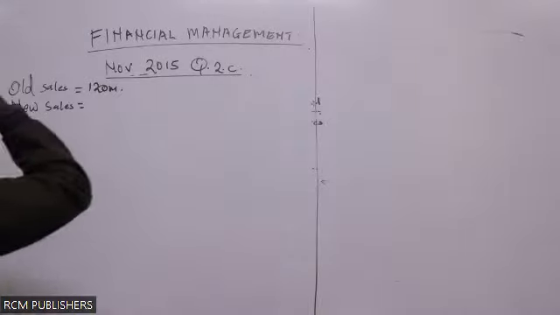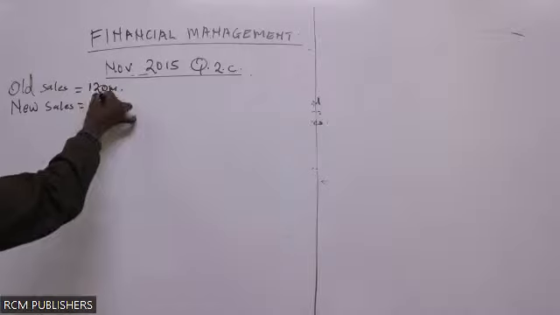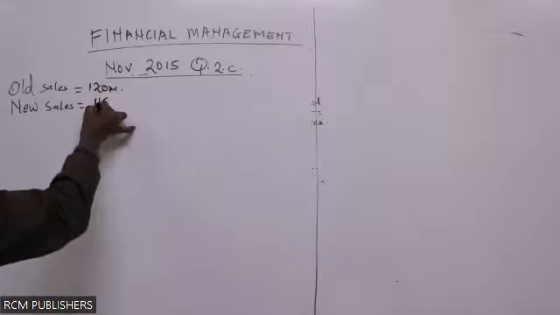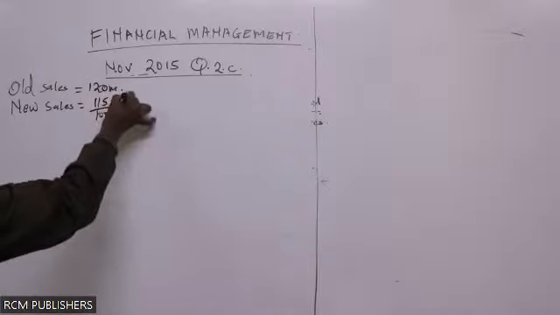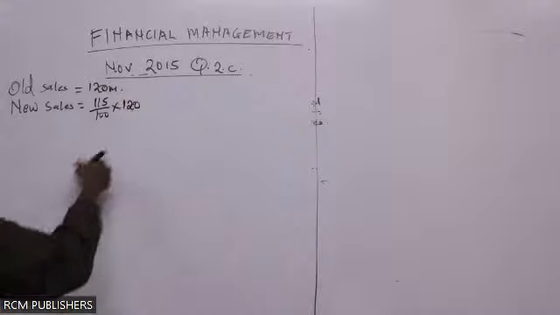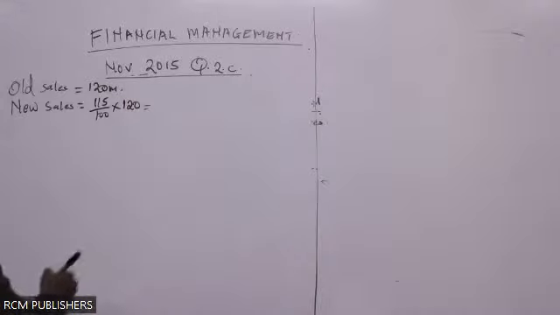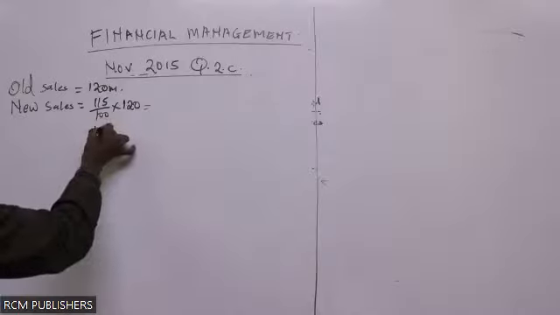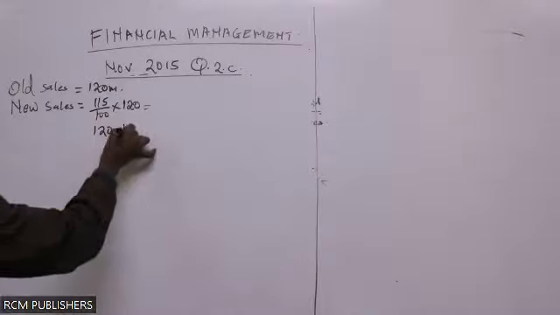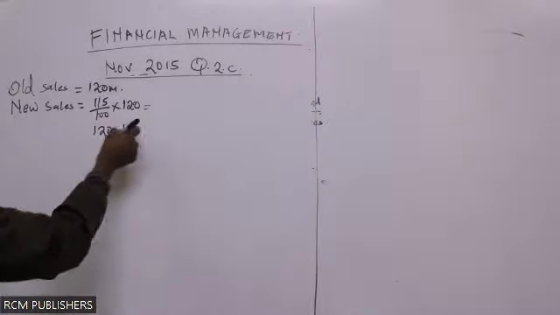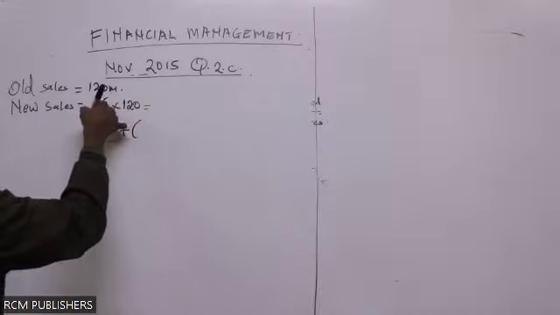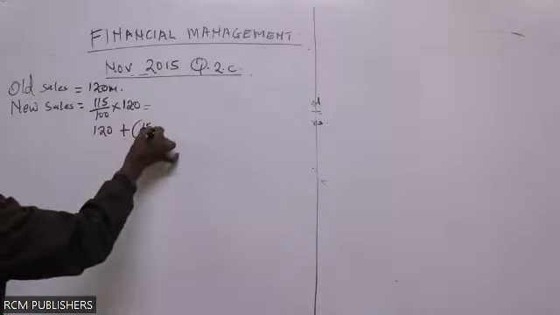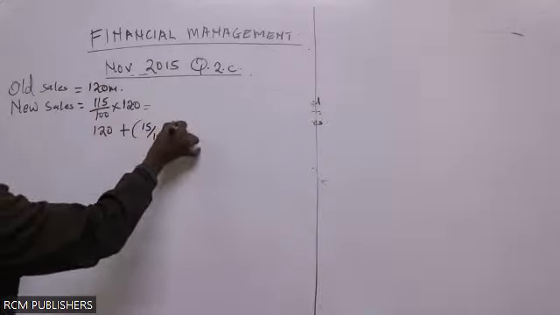So there are 2 ways you can get this. 115 over 100 of 120. Unapata hiyo. Ama utafute 15, uchukue 120 plus, this is the old sale plus, now it increased by 15%, 15 over 100 of 120.